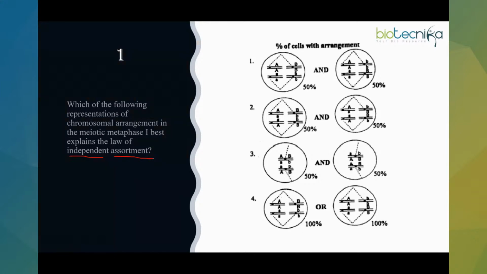So very few of you answered, but you all answered 3. Now 3 cannot be possible. Why not? Because in 3, A and B are shown on the same chromosome, right? A and B are present on the same chromosome. So the genes which are present on the same chromosome, what do we call them? Linked genes, right?